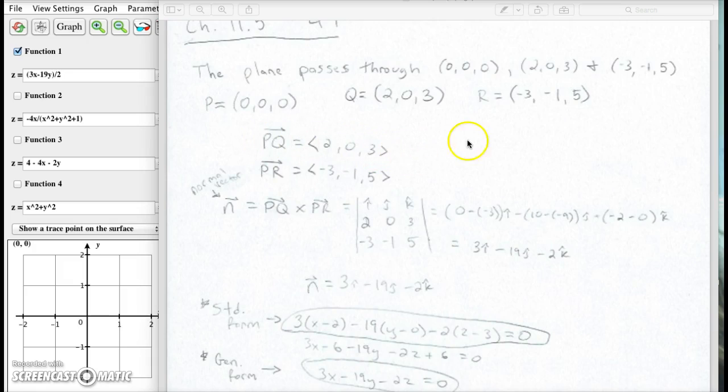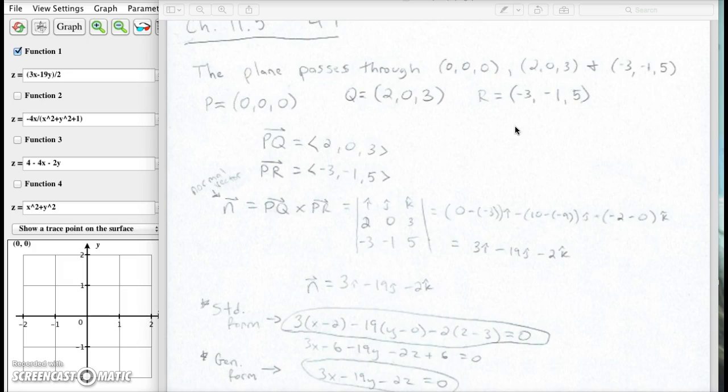First I did the vector between the point P and point Q, which you do simply by subtracting P from Q. So as you see, since P is just (0, 0, 0), the 2 vectors that I found, PQ and PR, are simply the points Q and R, (2, 0, 3) and (-3, -1, 5).